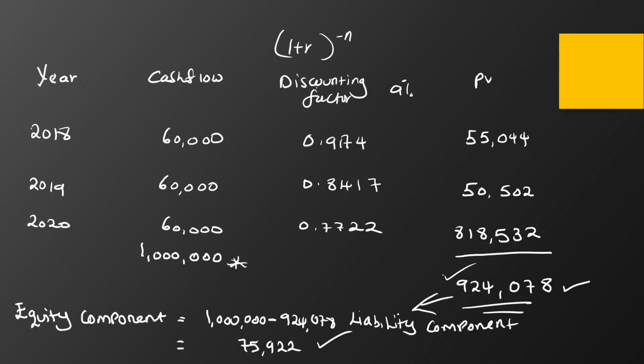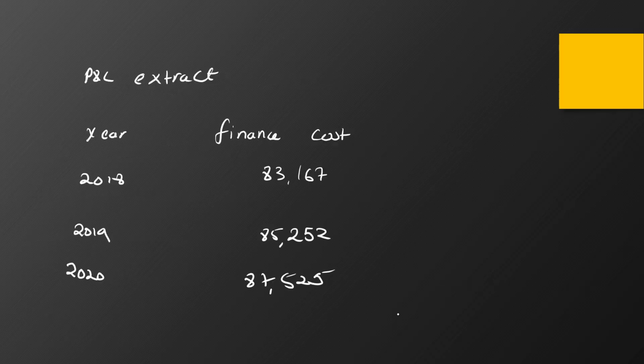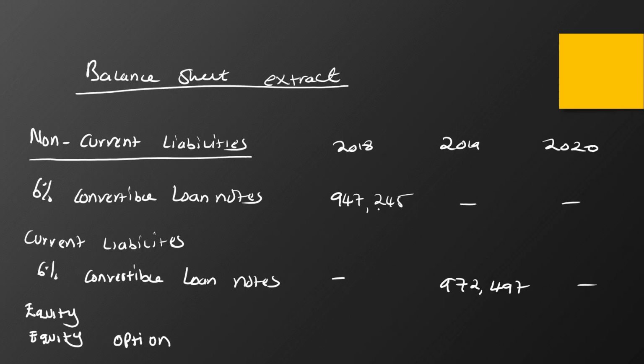So that will be on our balance sheet as a reserve up to the date the holder will exercise the option to convert into ordinary shares. So we have 75,922 in 2018, 2019 and 2020, and that marks the end of our illustration. And in the next session we will go ahead and look at another illustration.